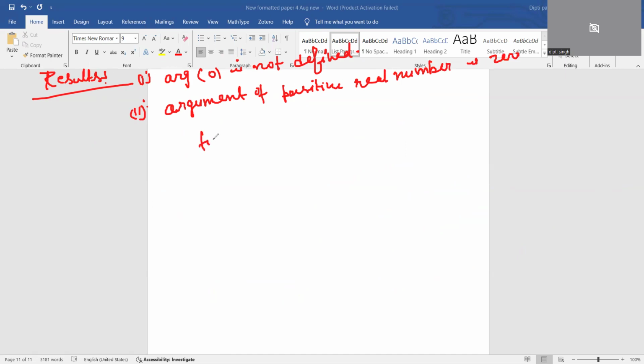For example, 4 can be written as 4 e to the power I 0. So here theta is 0, which means argument of 4 is 0.